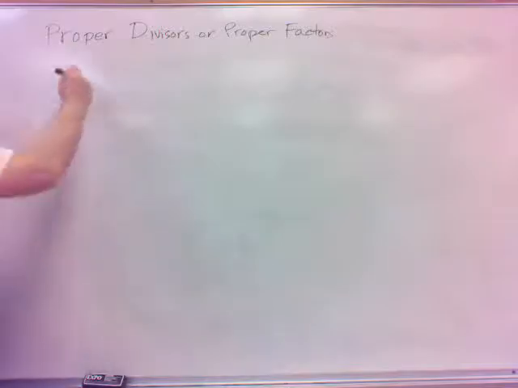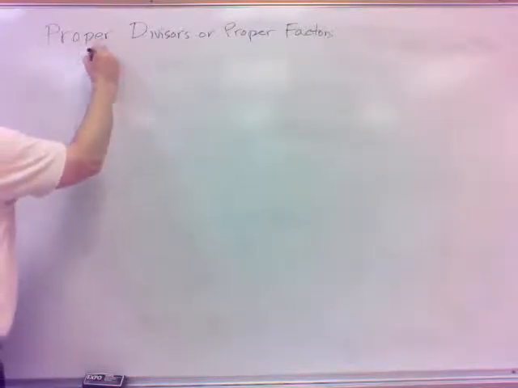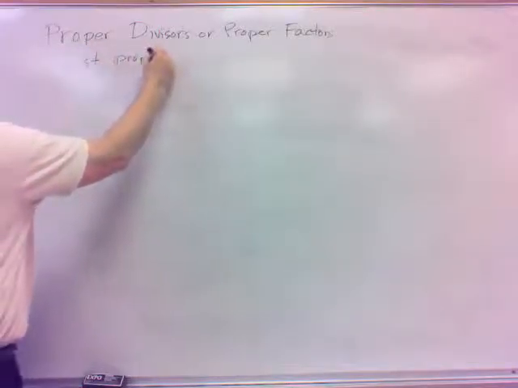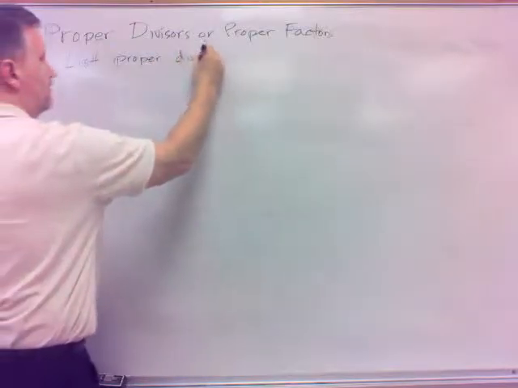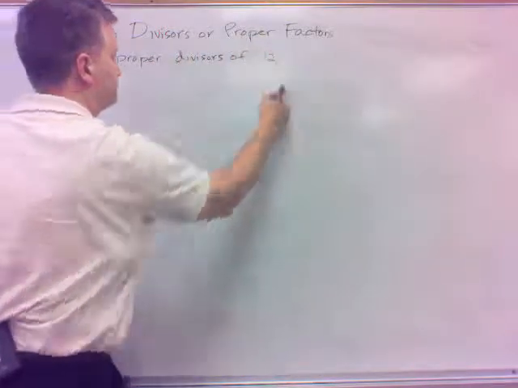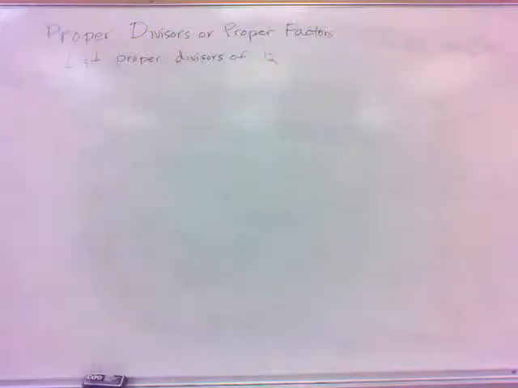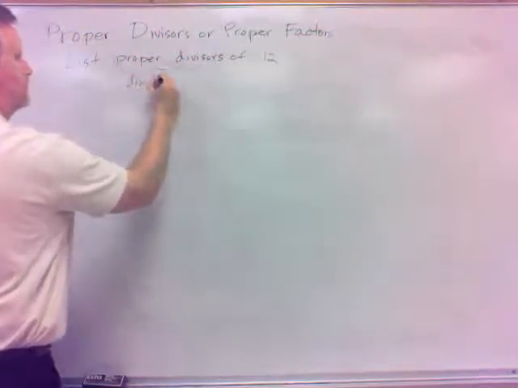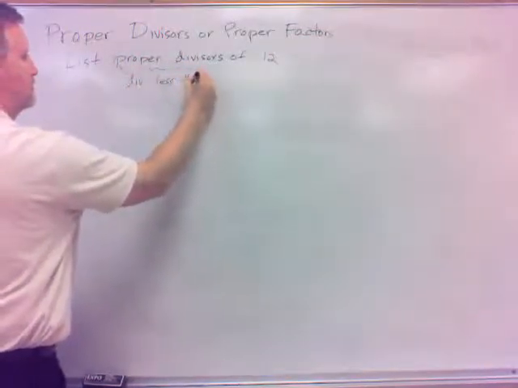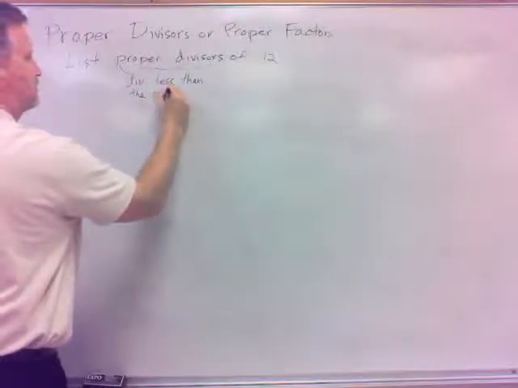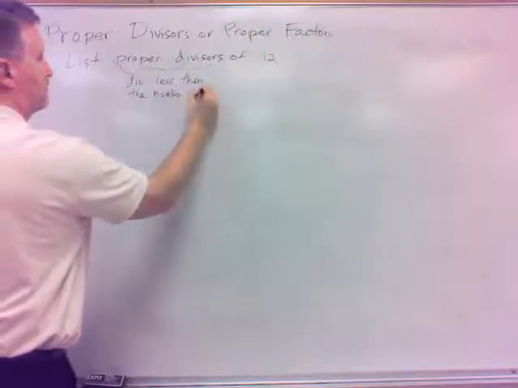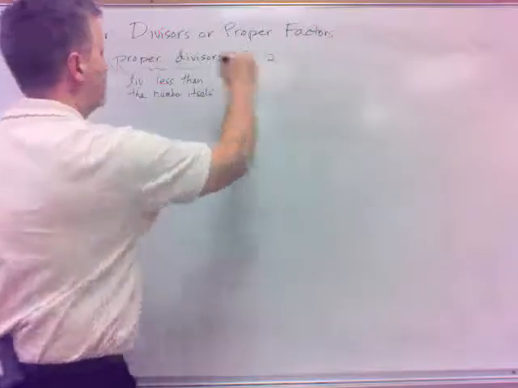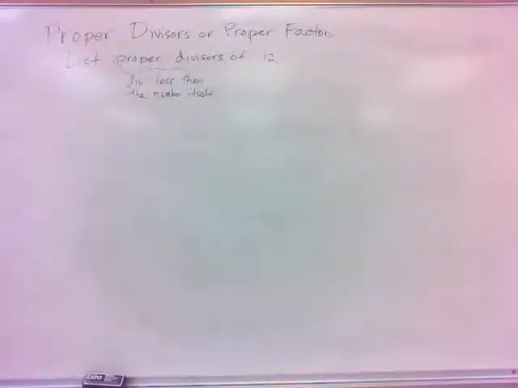If I want to list only the proper divisors of, say, 12. To be a proper divisor, it has to be a divisor that's less than the number itself. Okay? So the proper divisors of 12, 1 is a divisor of 12.